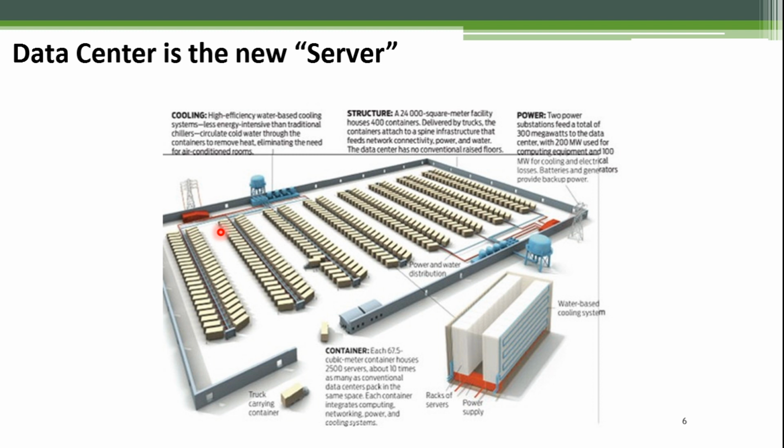Typically, a company that has a data center will have around 200 to 250 servers. Now, that much capacity, 250 servers, can be handled by just one single server in the cloud.